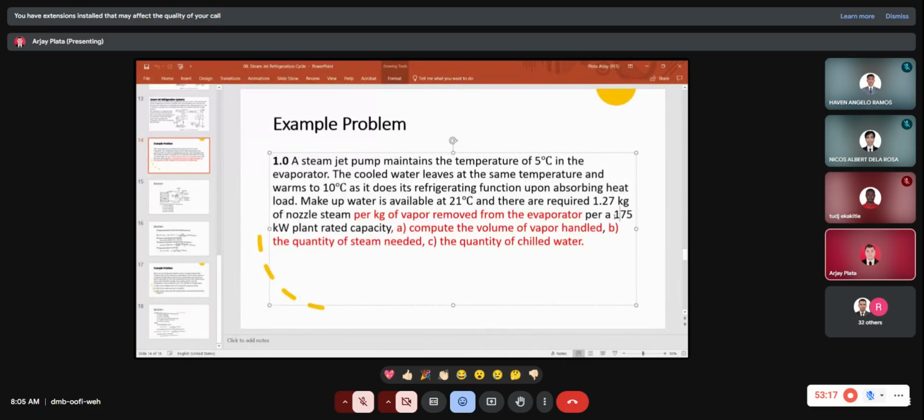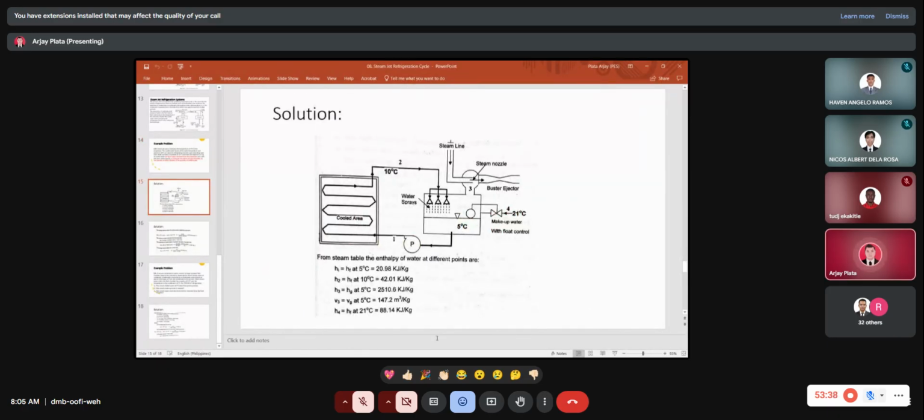And then we have 175 kilowatt plant rated capacity, our refrigerating effect. Compute the volume handled, the quantity of steam needed, and the quantity of chilled water. So that's our objective. So this is our diagram. Okay, so this is our flash tank.